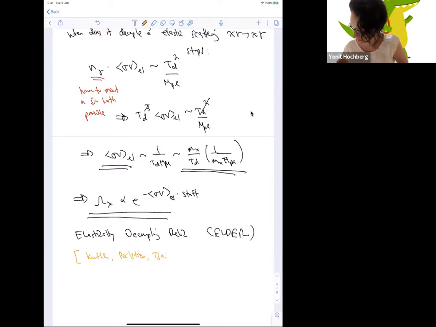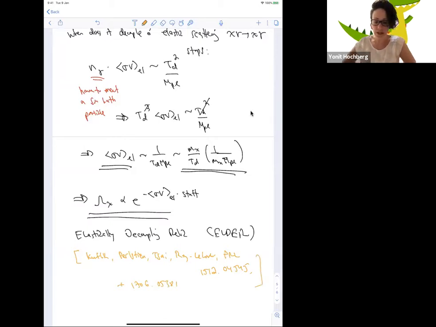And also, oops, there was also Ray Lee Laurier. So this was a PRL that is 1512.04545. And they have a longer paper about the phenomenology of elders. So you can look at it in 1706.05381.